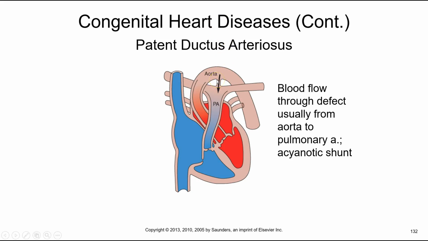Now, a patent ductus arteriosus, just like our patent foramen ovale, means that it just failed to close when you were born. That's all. And once again, it's an acyanotic shunt. In an adult, you no longer have a ductus arteriosus, you have a ligamentum arteriosum here. So that aorta is actually adhered to the pulmonary trunk via a ligament in a normal adult person, but it's a ligament, not a tunnel, in an adult.